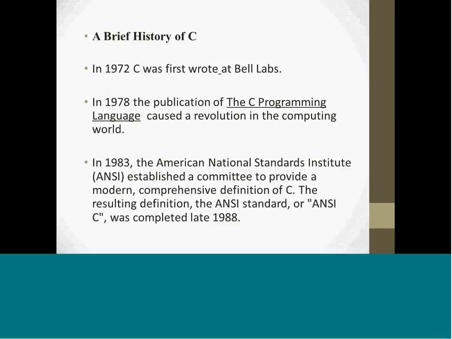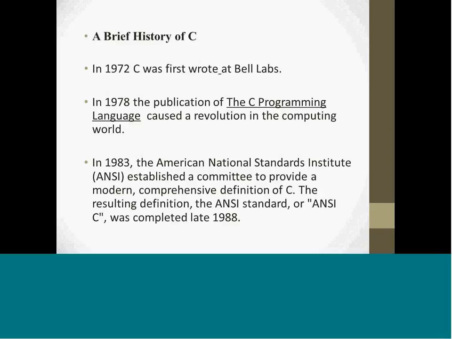First, let's look at the history of the language C. C was developed from an earlier language called B, a basic compiled programming language. In 1972, it was first written at Bell Labs.